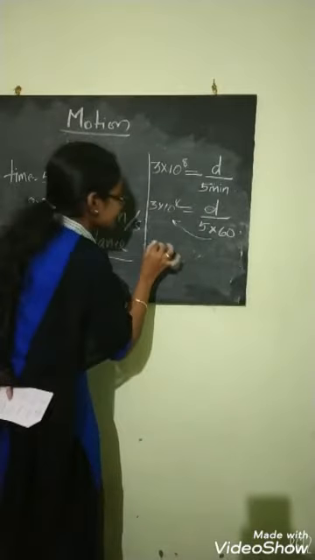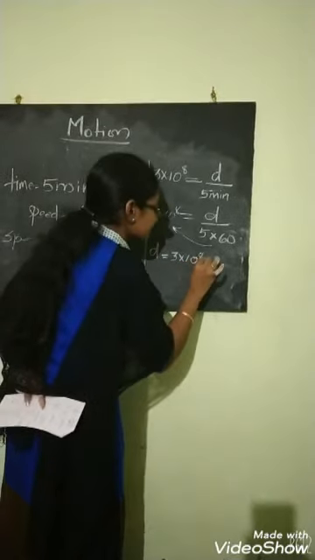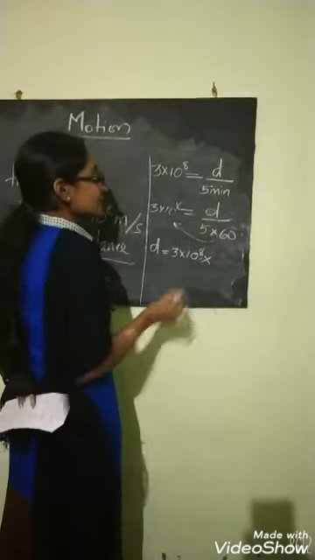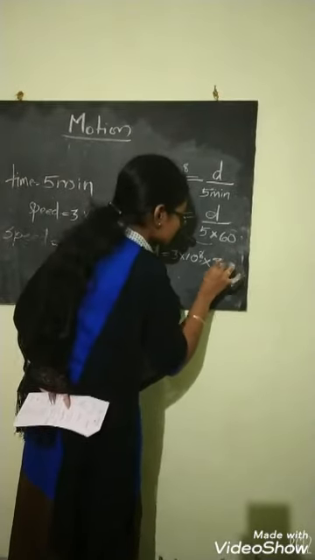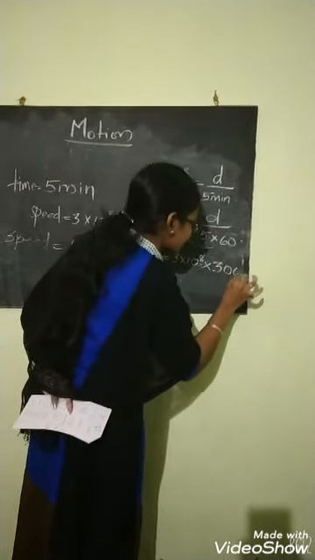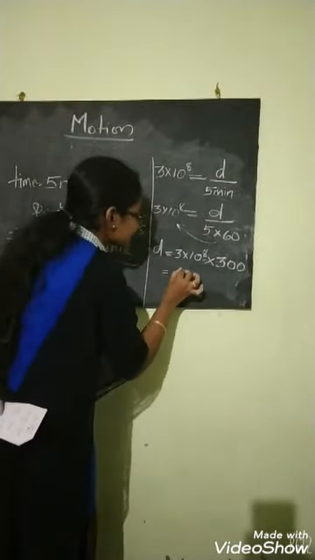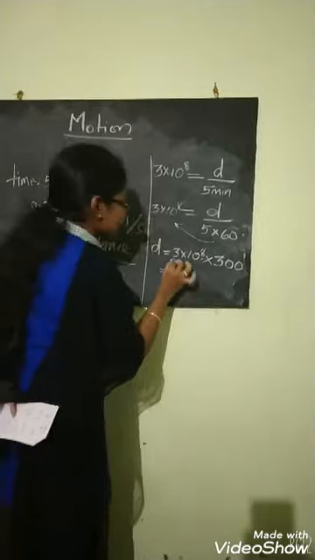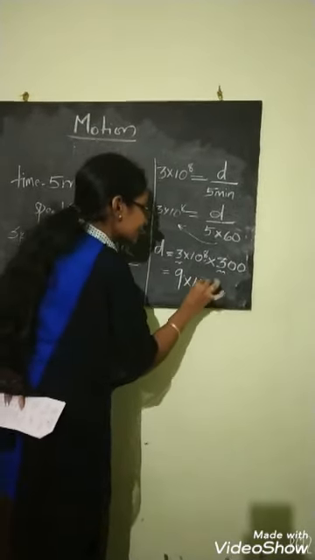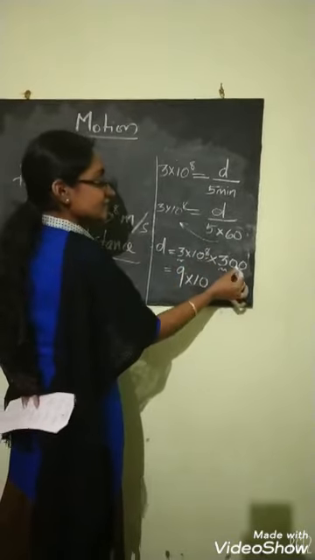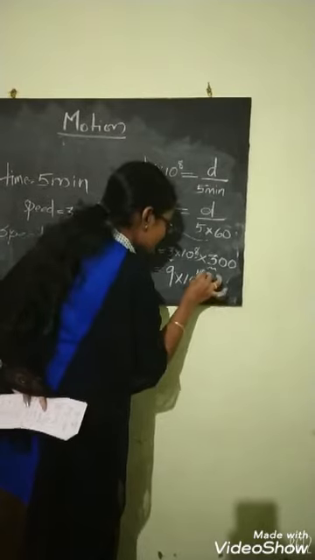So d is equal to 3 into 10 raised to 8 into 300. So we get 9 into 10 raised to 8, and we have 2 zeros, then 10 raised to 10.